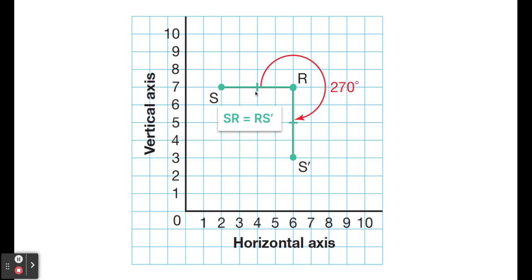And that's what these hash marks here in the green tell us, that the line segments are equal. In addition, angle SRS prime equals 270 degrees. And that makes it a reflex angle because it's greater than 180 degrees. And you'll notice that we use that little symbol that looks like an angle to represent an angle, just like we used with the triangle. It just saves us writing it out, and it tells us that this shape is an angle.